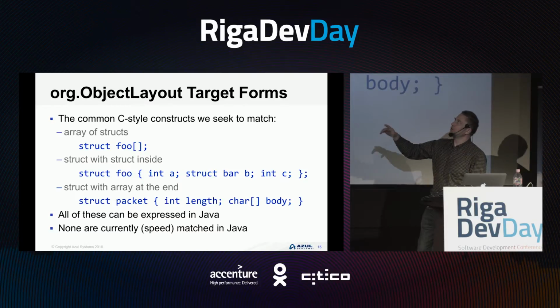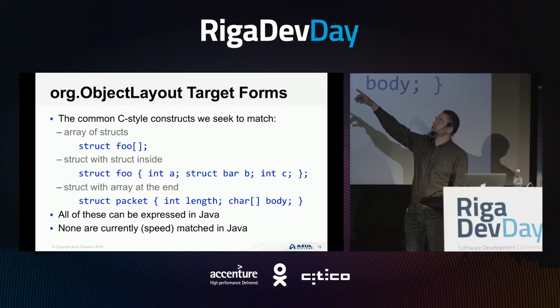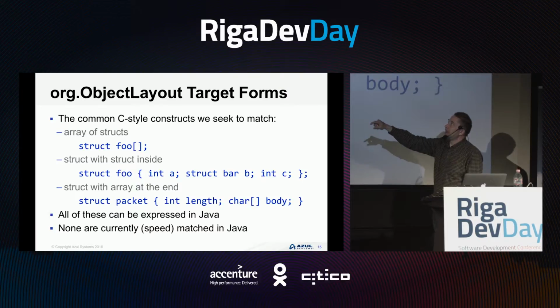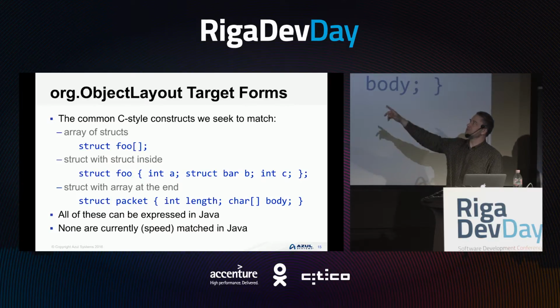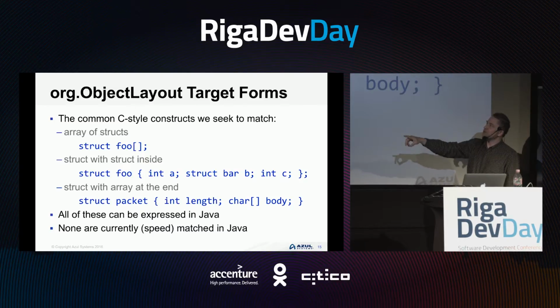So what we're looking for is a way of replicating primarily a struct array of some type, like foo. And we're also looking at two other examples of how structs are used in C. So we might have a situation where you've got a struct which contains a struct within it. And you might also have a struct where you've got a variable length and then an array of something at the end.